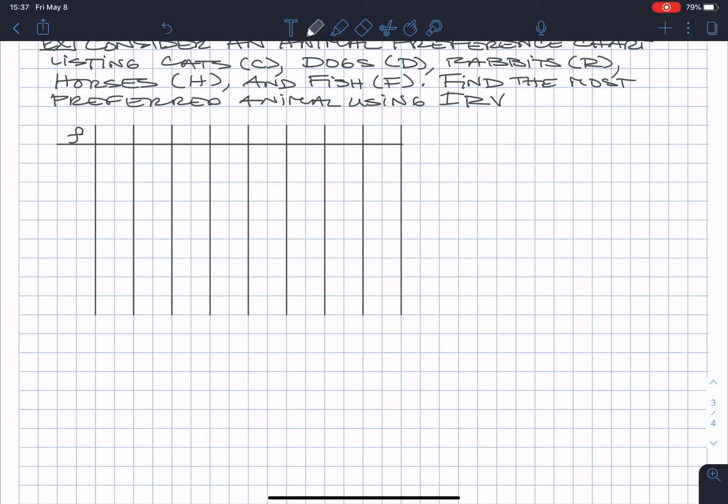And there's 5 animals, so I need 5 choices: first, second, third, fourth, and fifth. So I need to go down a little bit more.